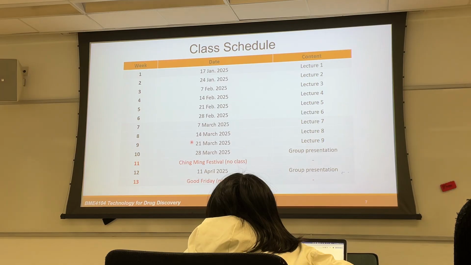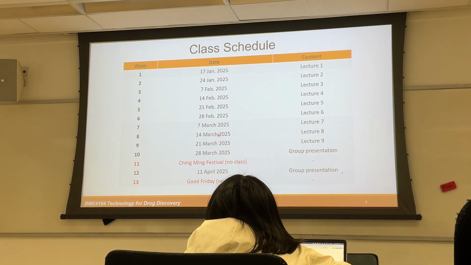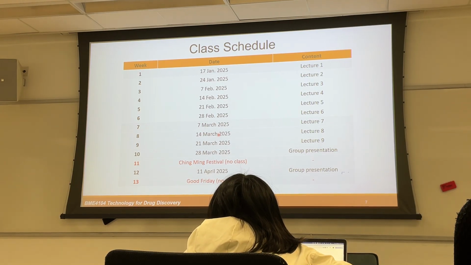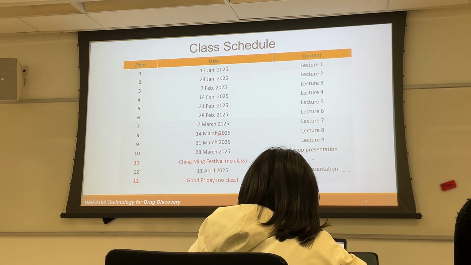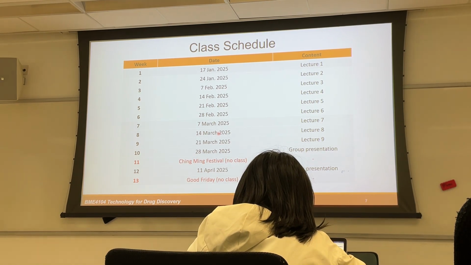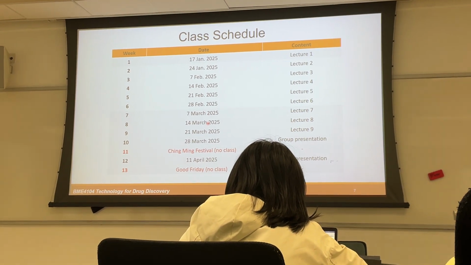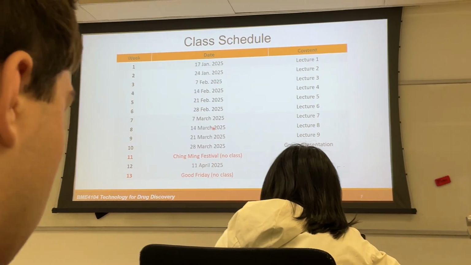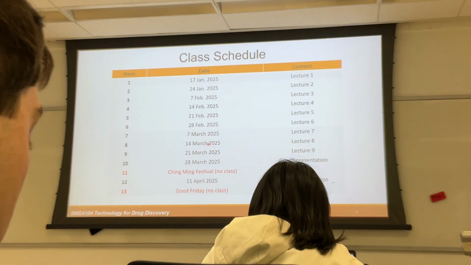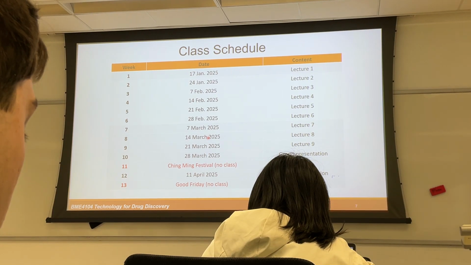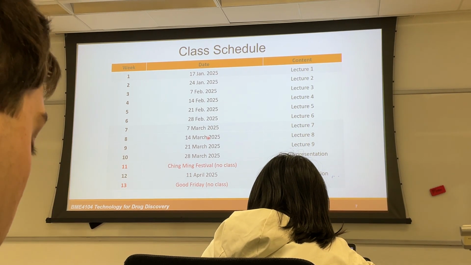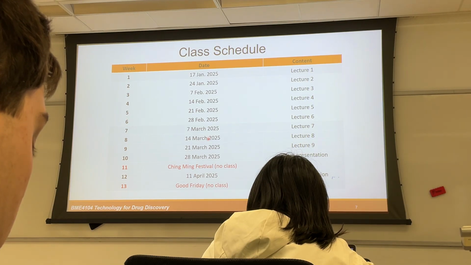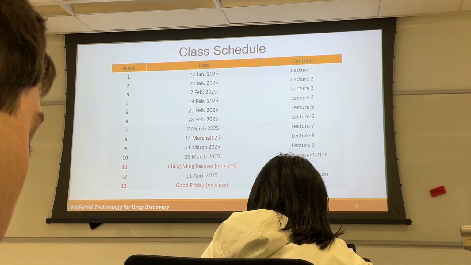Then towards the end of the semester, you will be asked to submit your topics for your presentation. There's no report, so we just do the presentation. You need to discuss with your group members, make PowerPoint slides, and present in front of the whole class. All right, so that will be the format. Okay, so that is everything about the formalities of this course.